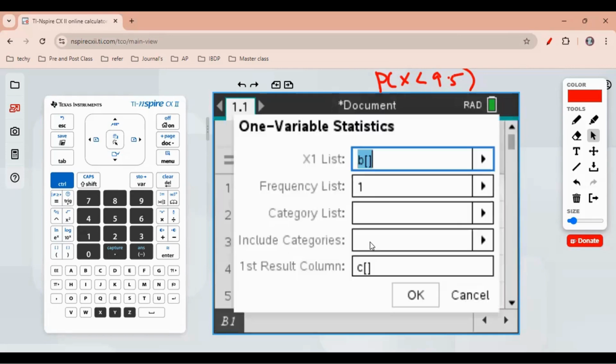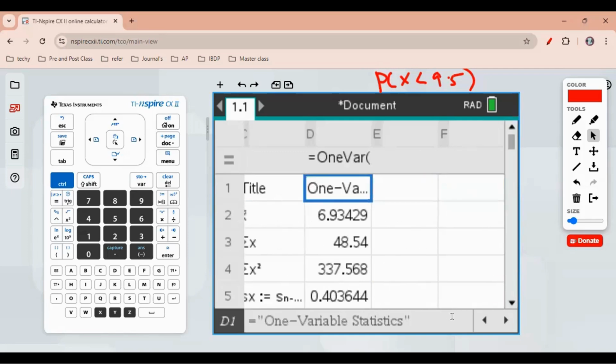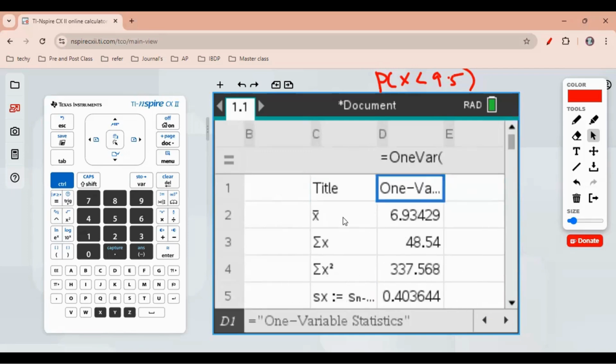Number of lists, only one list, where your list is named TX. Frequency list is 1, so there is no frequency list actually. The result is here, and we can see X bar, which is the mean. Sigma X, 48.5. Sigma X squared.